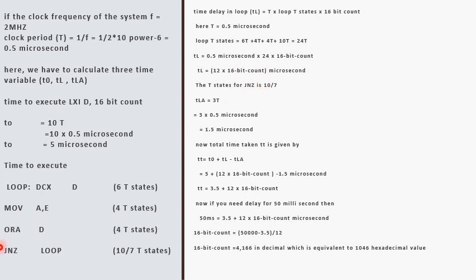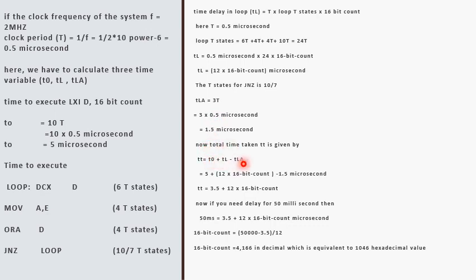And when it is coming out of the loop, the JNZ instruction is going to take only 7 T states, so we have to subtract 3 T states from the already executed T states. So TLA is equal to 3 into T, 1.5 microseconds.